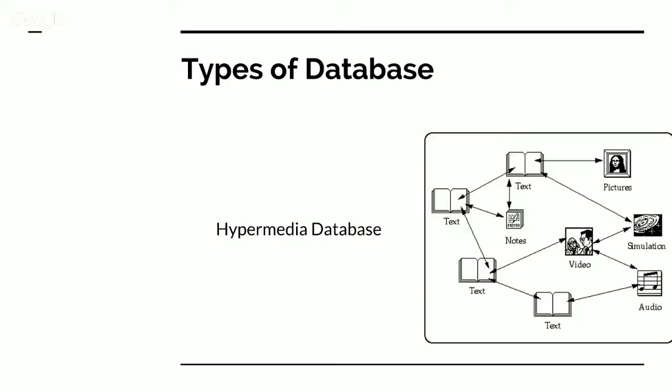Hypermedia database. Most websites have various interconnected multimedia pages, which might include text, video clips, audio clips, photographs, and graphics. These all need to be stored and called from somewhere when the web page is created. All of them together form a hypermedia database.